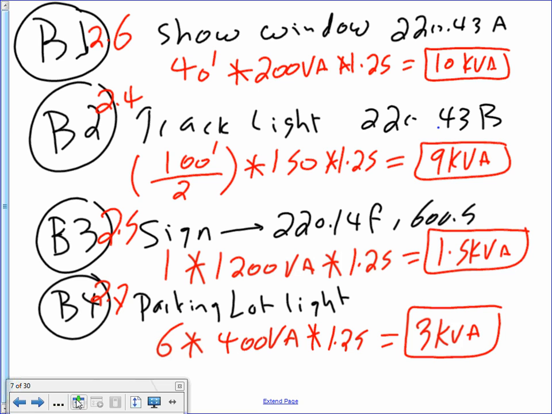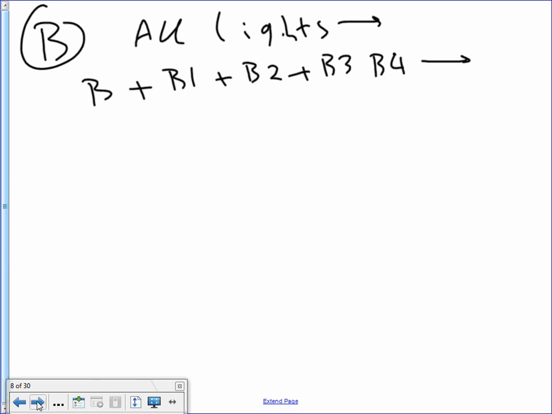Okay, so that's your light. Then all lights, you're going to add them up. Adding them up will be equivalent to 2.8. Can you please write this in a note? At this step, 2.8, do not multiply by 1.25 because we already did that.